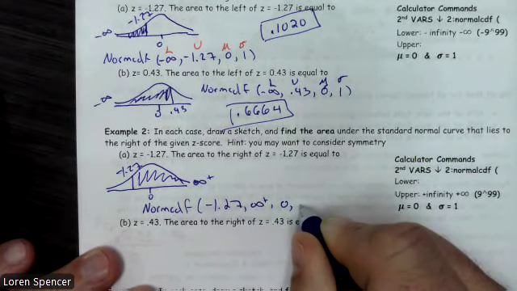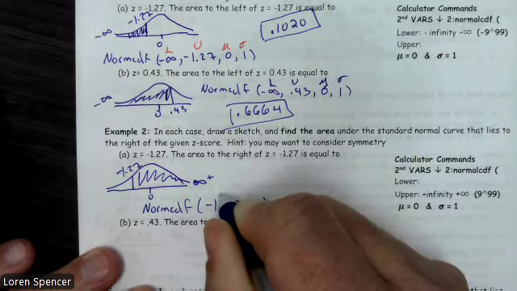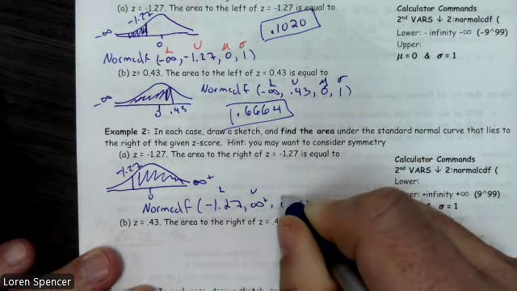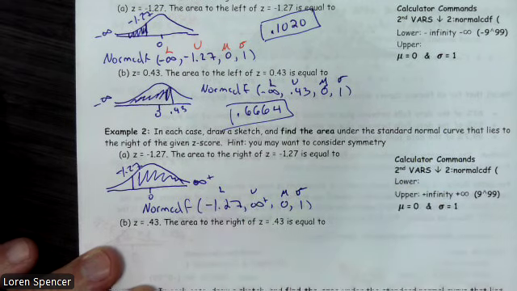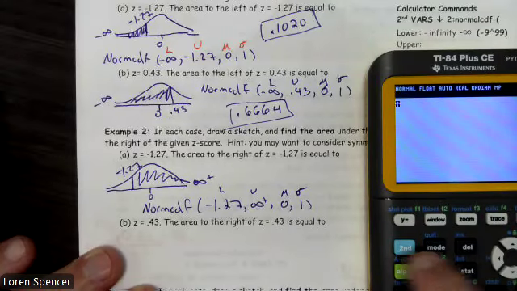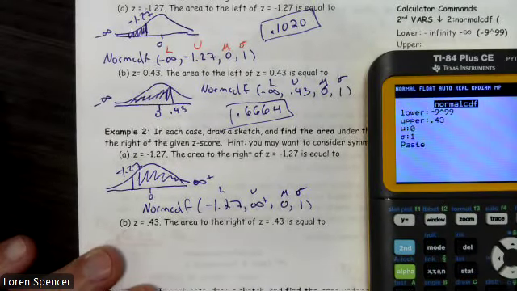Z-scores all have a mean of 0 and a standard deviation of 1. So lower, upper, mean, standard deviation. Second vars, normal CDF. My lower bound, negative 1.27, because that's where we're shading up. We're shading up to infinity, so 9 raised to the 99th.